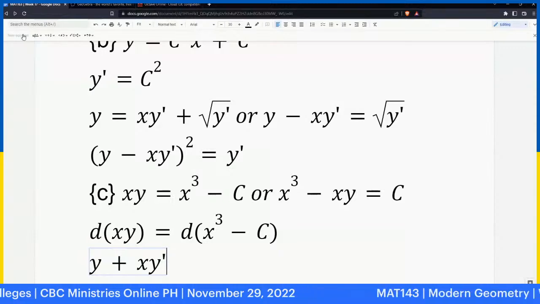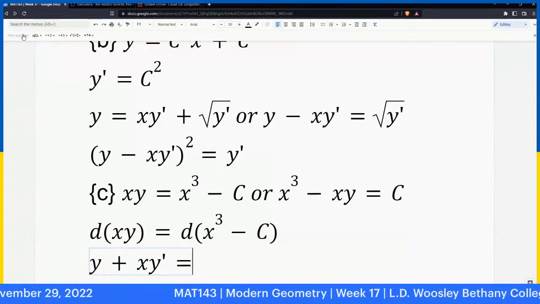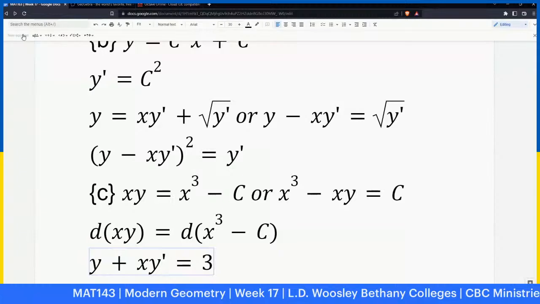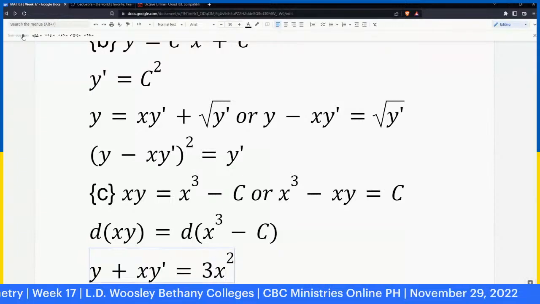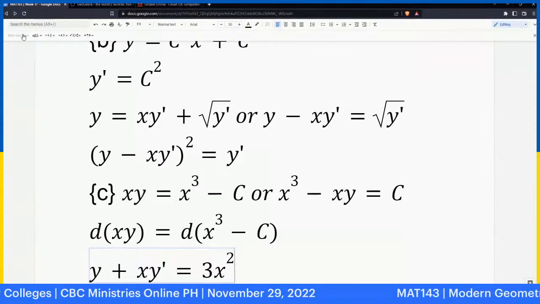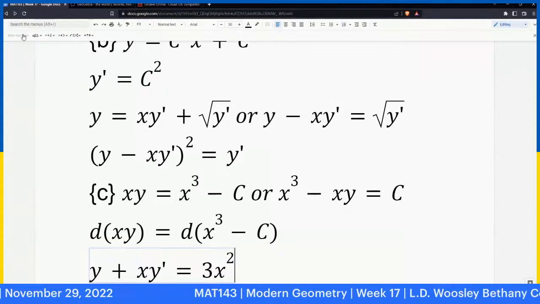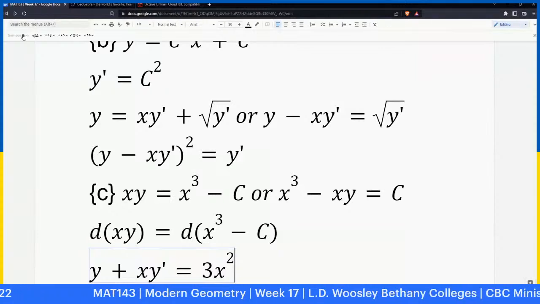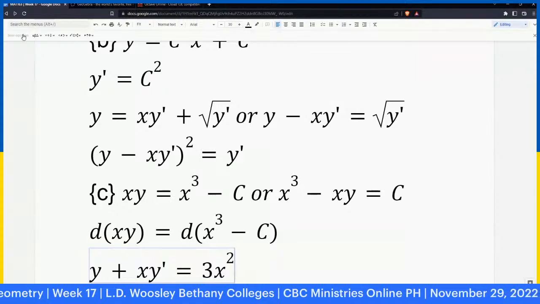X derivative or differential of y is y prime. Okay? Then from here, you have 3x squared. It's a good thing that when you get the derivative, no constant anymore.